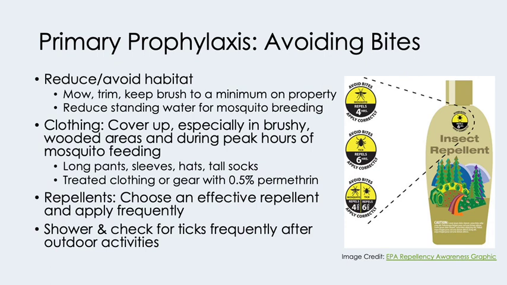And there's also treated clothing or gear with the 0.5% permethrin. This is available in a spray that you can use on clothing. This spray lasts for fewer washes than the clothing that has been pre-treated. Typically, pre-treated clothing will last up to 70 washes, although it is a little bit expensive.